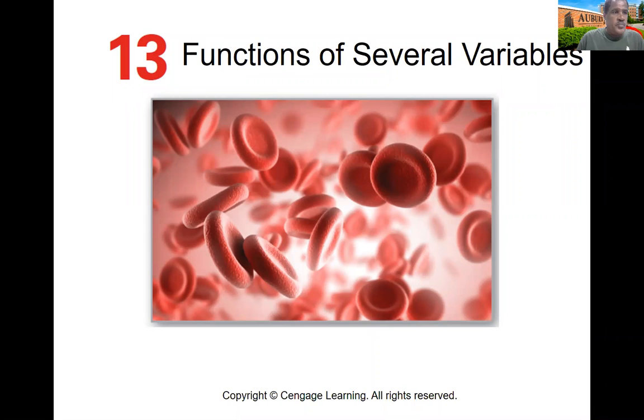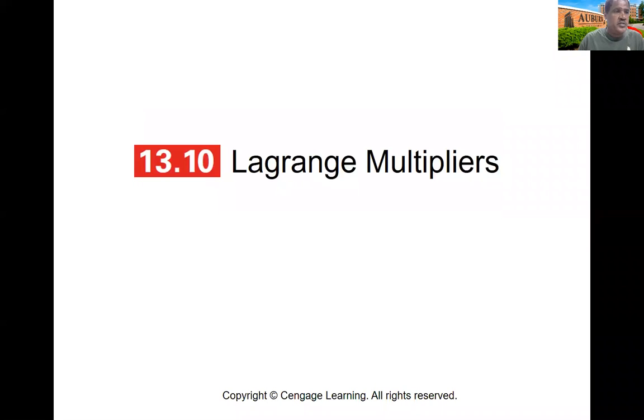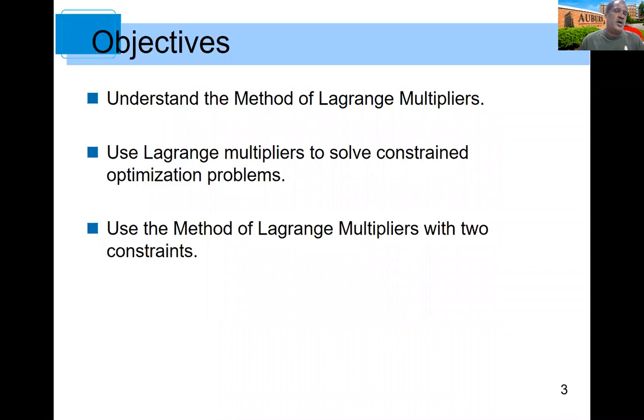So let's go. Today we cover section 13.10. This is the last section of chapter 13, Lagrange multipliers. What is it? Let's see our objectives.